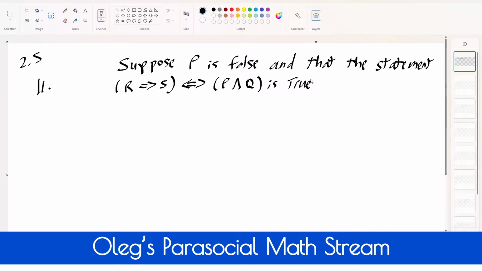Okay, find the truth values of R and S. This can be done without a truth table.